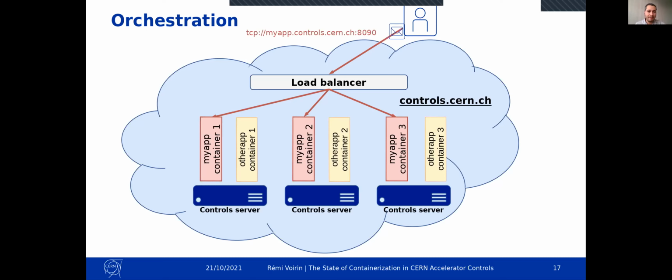In this diagram, we have two containerized applications with three replicas in this orchestrated environment, namely my app and other app. And when a user sends a TCP request to my app, it will go through the load balancer that will select one of the active my app containers.